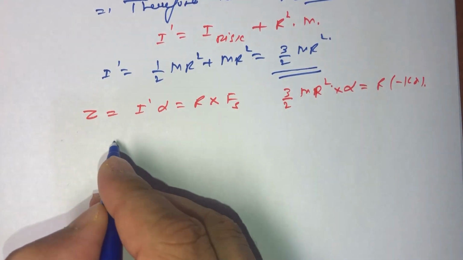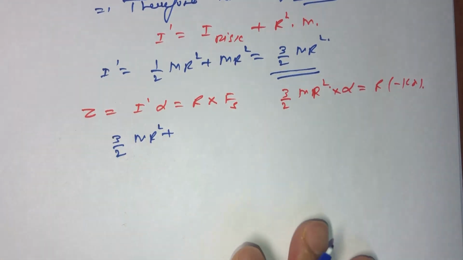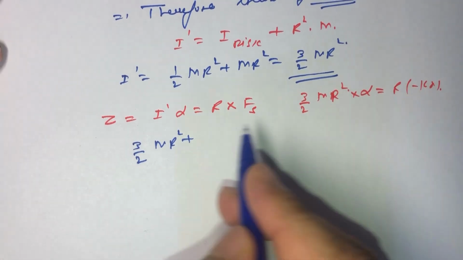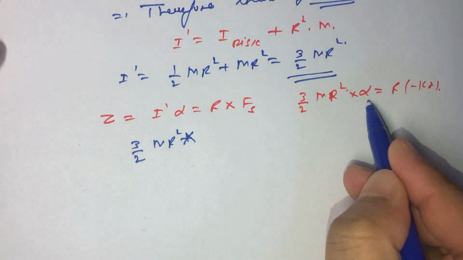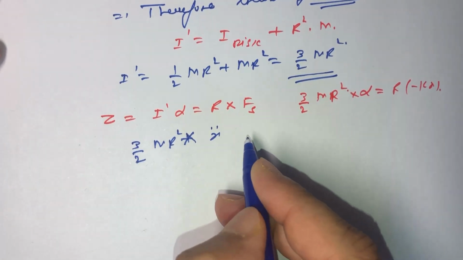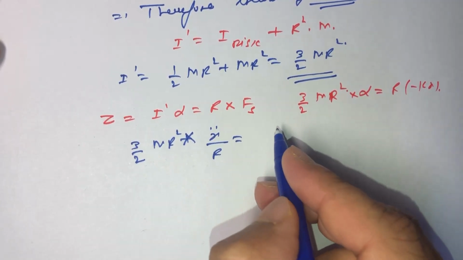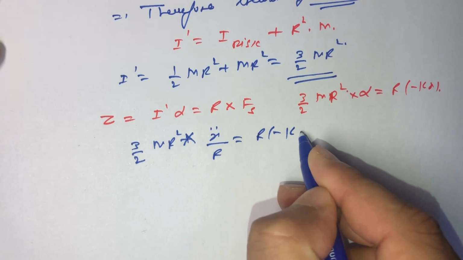So we can write this as 3/2 mr square, multiplied by our angular acceleration, which is the double derivative of displacement divided by r, is equal to r times minus kx.